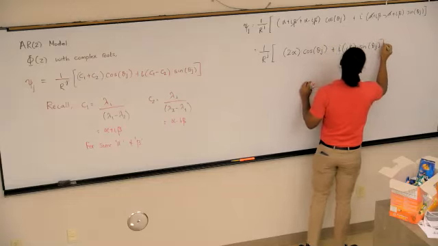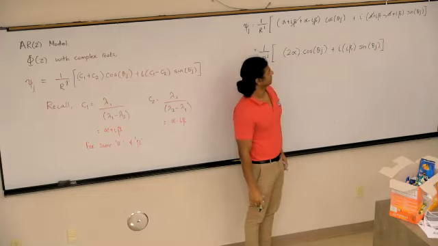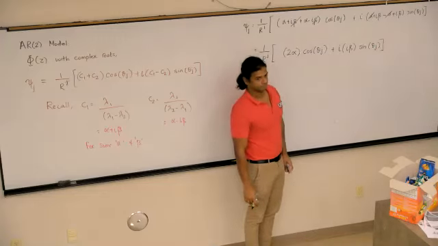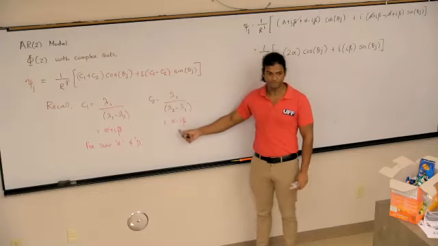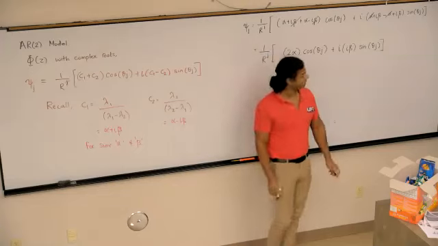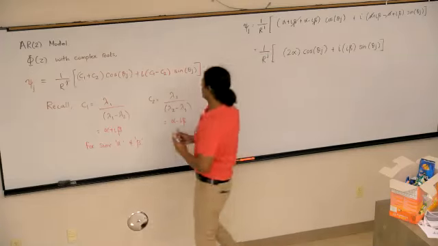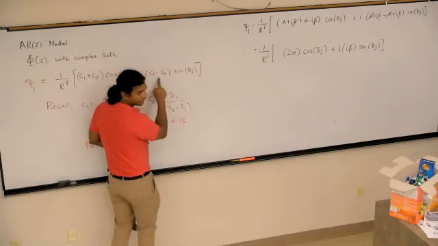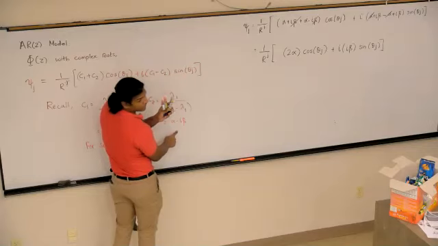Wait, why is it not the conjugate again? I'm distributing the negative in here. If I distribute the negative, I'll get negative alpha plus i beta.